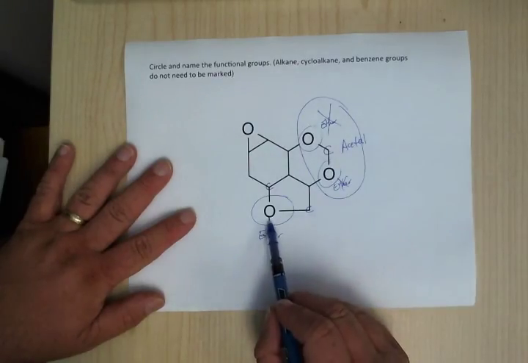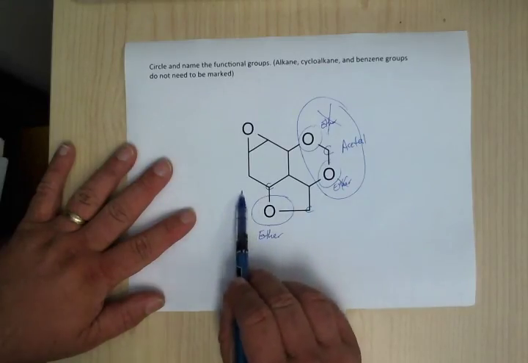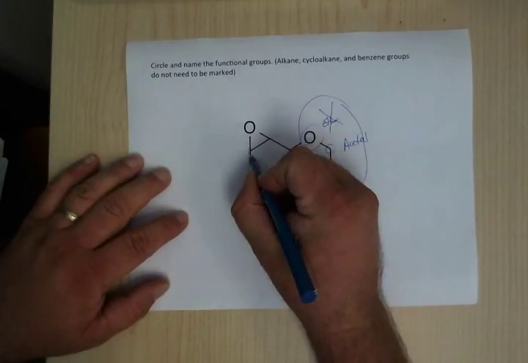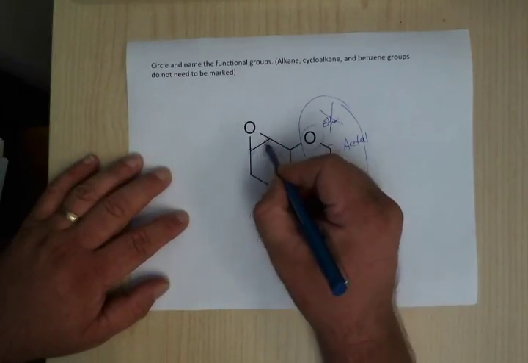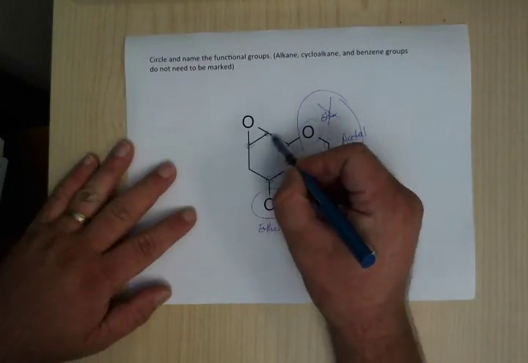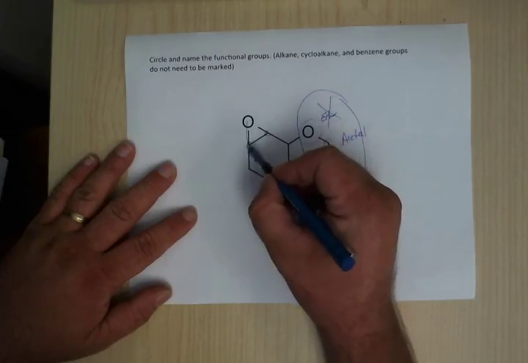This one here, notice how there's an ether over here, but there's no ether on this side, so it's just a regular ether. Now here, this is an ether because it's an oxygen with carbons on either side. However, this is another special case where the oxygen is part of a triangle.